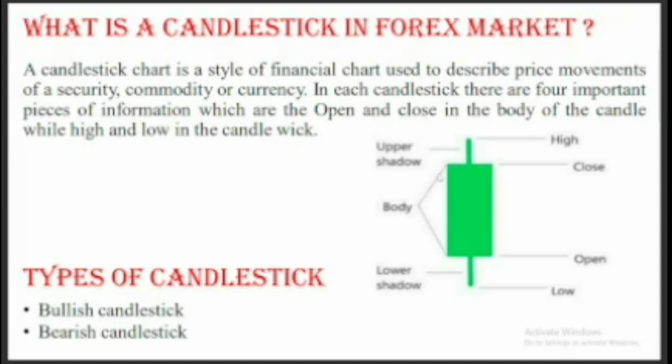What this basically means is that from the open of this candle here down to its close here, this whole region that is filled is what we call our candle body. In this part that is labeled upper shadow, above the body, that's where the high of the candle is, while this lower shadow part is where the low of the candle falls.